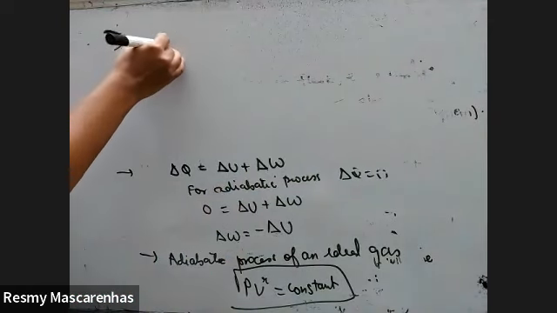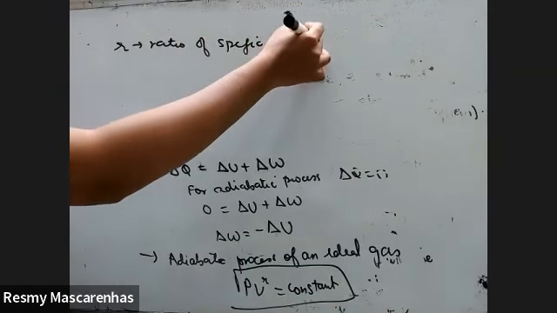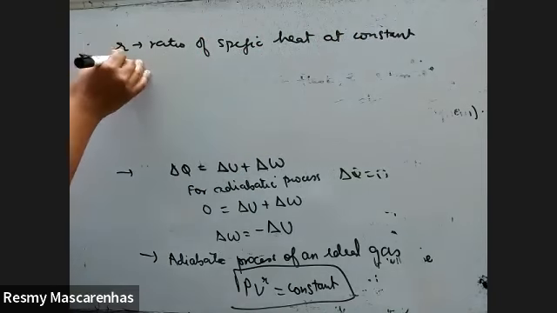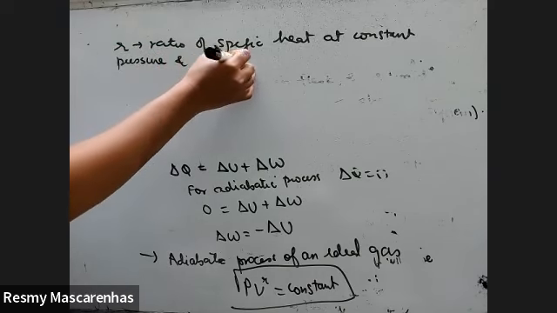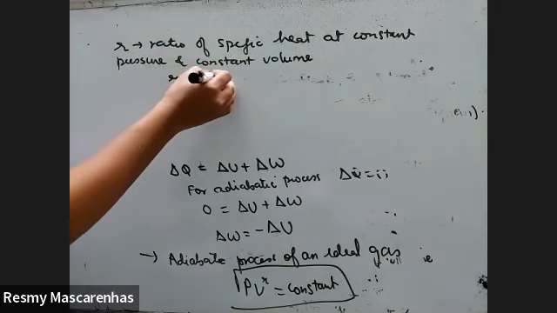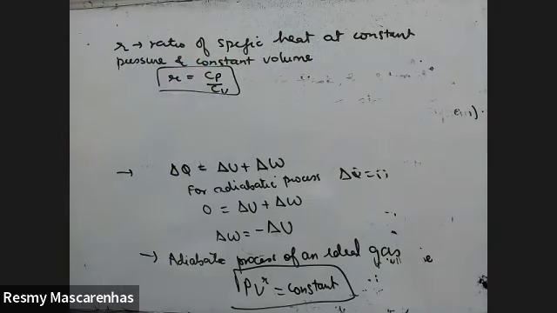r is the ratio of specific heat at constant pressure and constant volume. We had seen that in the previous class. r is Cp upon Cv: molar specific heat capacity at constant pressure, molar specific heat capacity at constant volume.